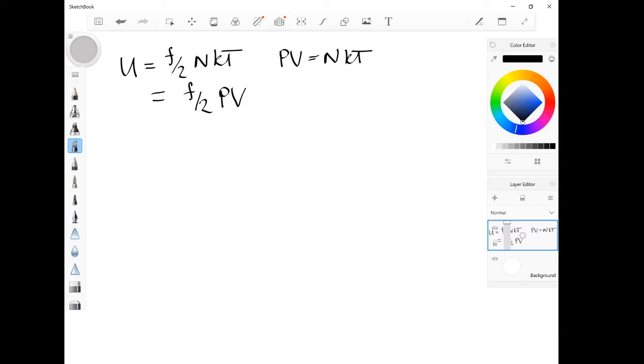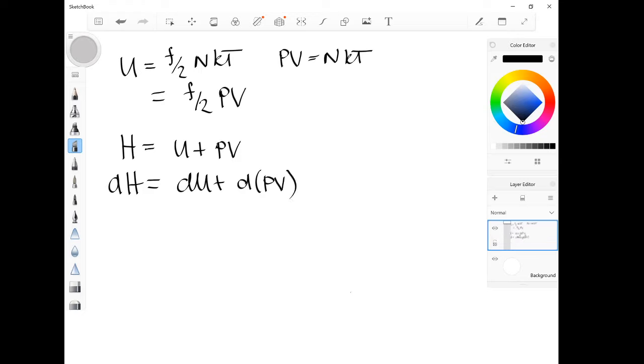So the enthalpy, H, is equal to U plus PV. And so if we go to the infinitesimals, we have dU plus d(PV).